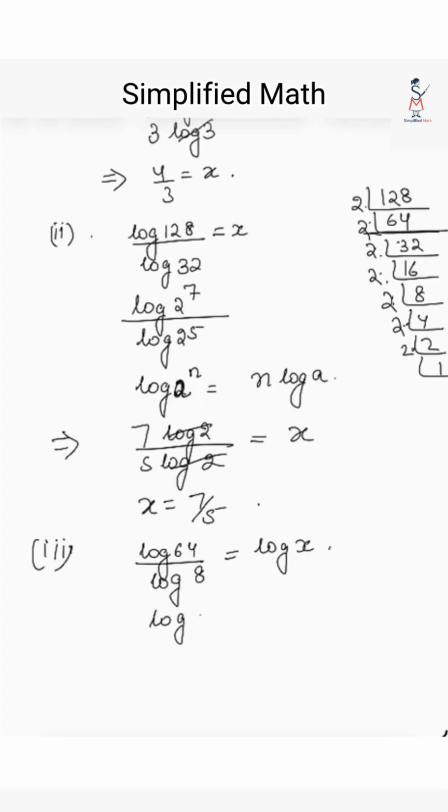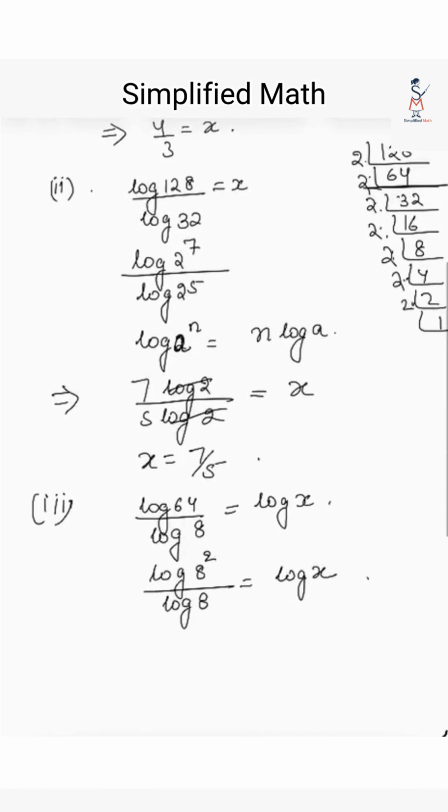You can simply write log 8 raised to the power 2 by log 8 is equal to log x. Here you can even put it in factors of 2, but we all know that 8 into 8 is 64. So I have straight away written it as 8 raised to the power 2.